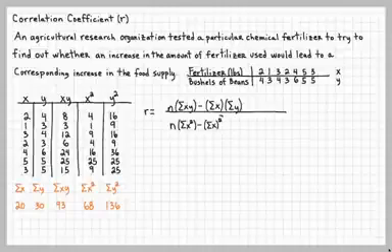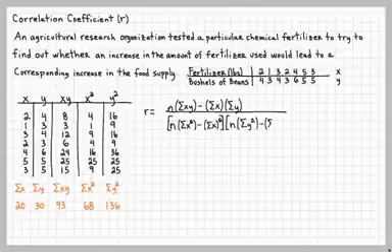Now all this is going to be in one operation, so I'm going to put brackets on it. And then another bracket: n times the sum of Y squared, and we're going to subtract the sum of Y, and when we find the sum of Y, we're going to square it. And we're going to close the bracket, and take the square root of it.